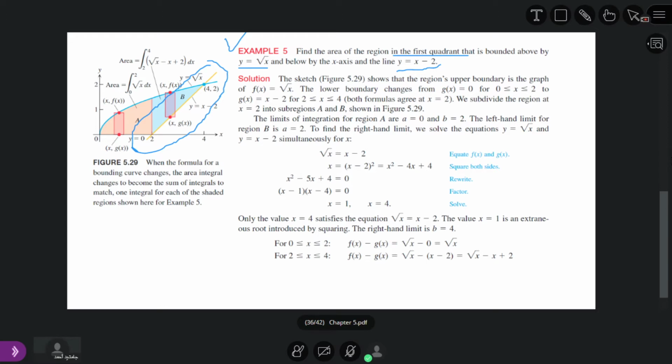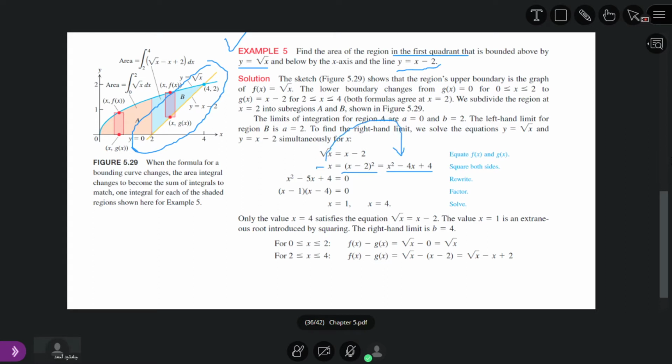So we take the square on both sides. So x is equal to x minus 2 whole square. What is x minus 2 whole square? This is equal to x squared minus 4x plus 4. After that we shift this x to this side.